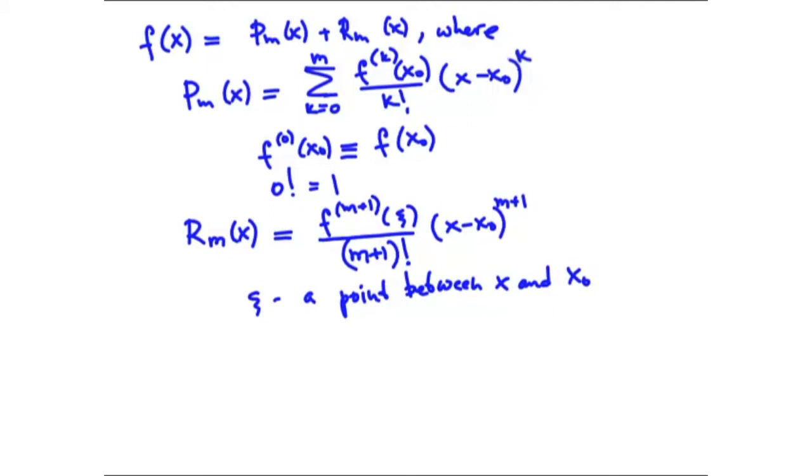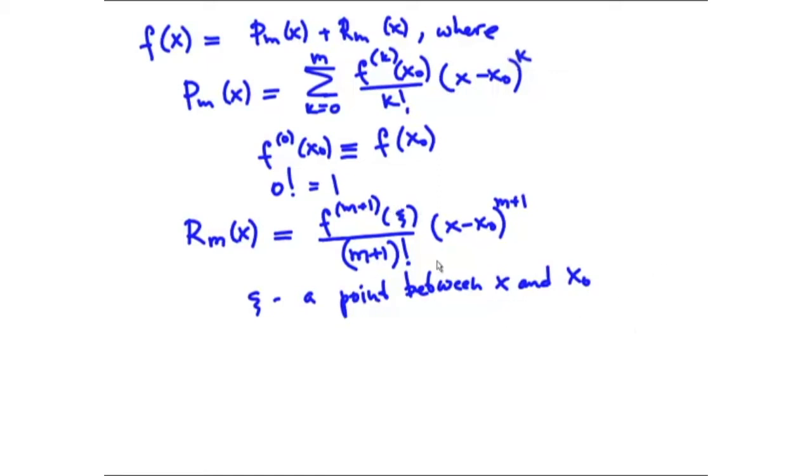Alright, so you see I'm approximating this function f of x by this polynomial. The approximation will be good around point x0. And the error is expressed by this term where xc is some point between x and x0, and we don't know what exactly that point is, but Taylor's theorem tells us that such a point between x and x0 exists.